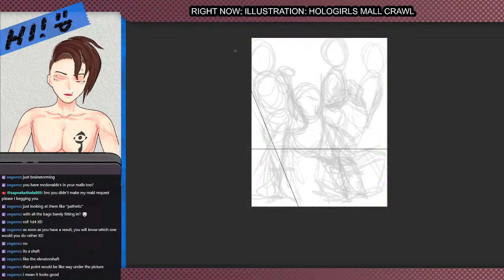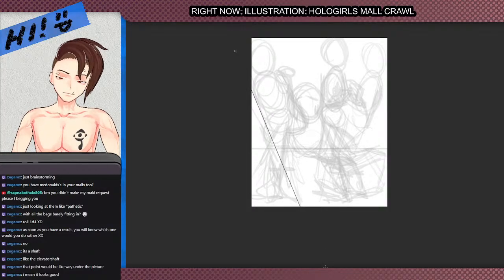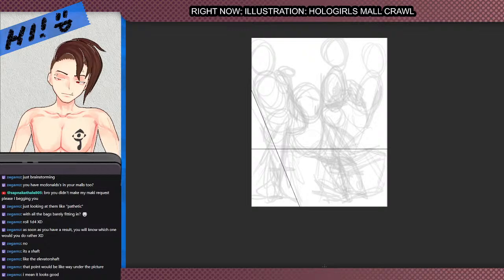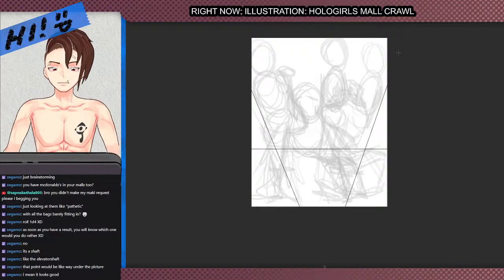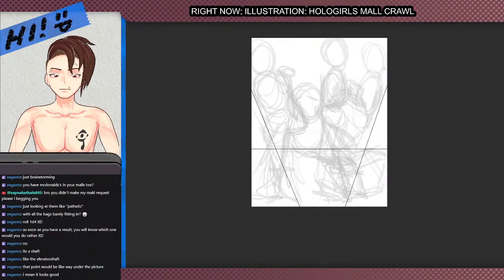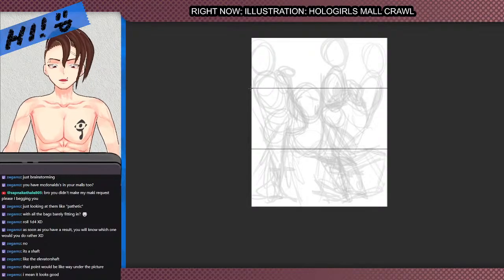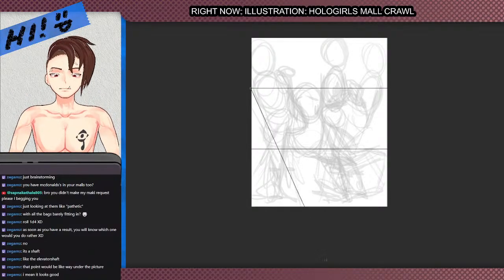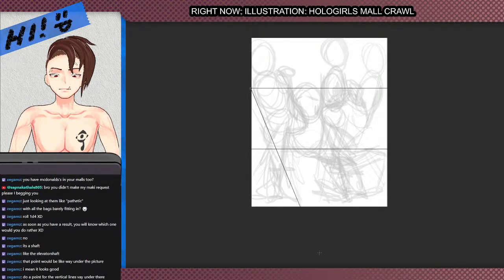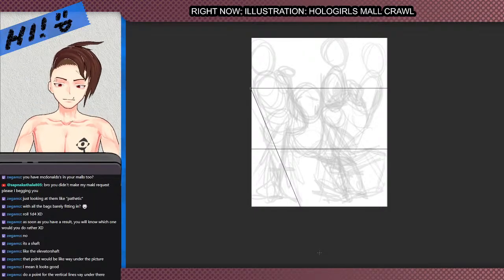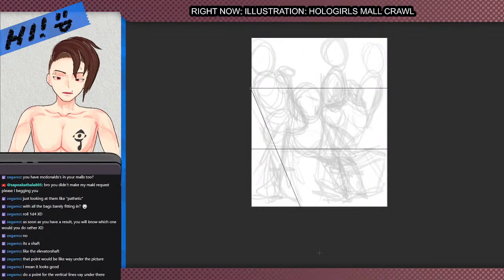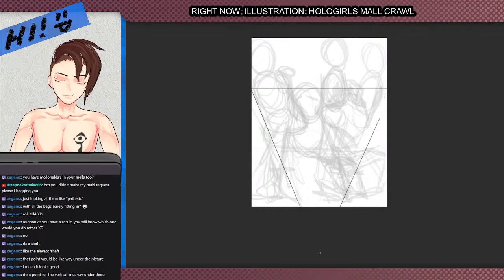I mean, it looks good. Yeah, it kind of does. Actually, okay, wait. I'm going to make a line here, at least for now, and I'm going here for the vertical lines way under there.